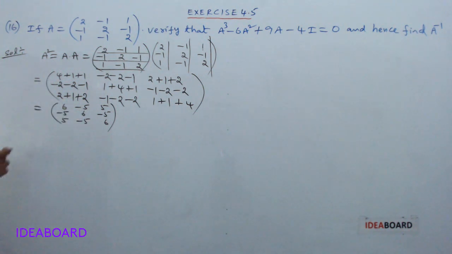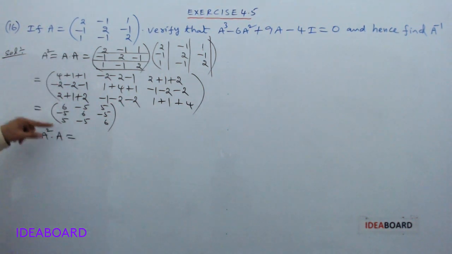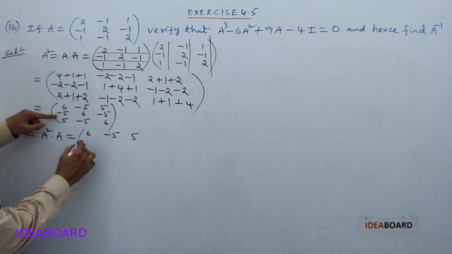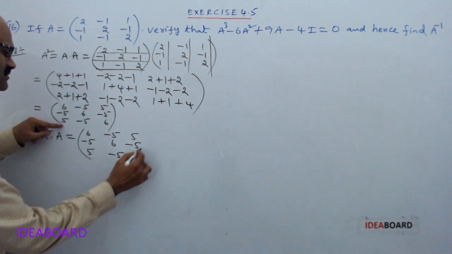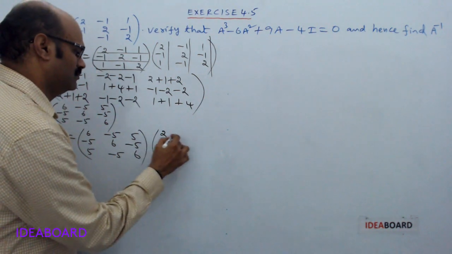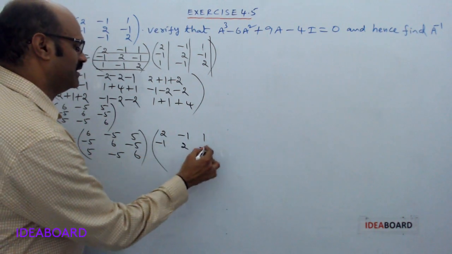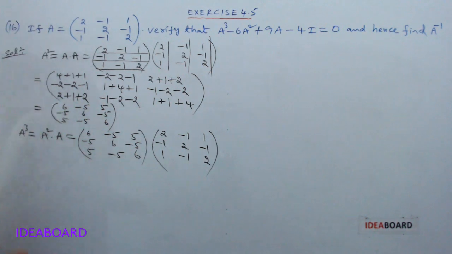Now A cube equal to A square into A. A square equal to 6 minus 5 5, minus 5 6 minus 5, 5 minus 5 6, into A equal to 2 minus 1 1, minus 1 2 minus 1, 1 minus 1 2.